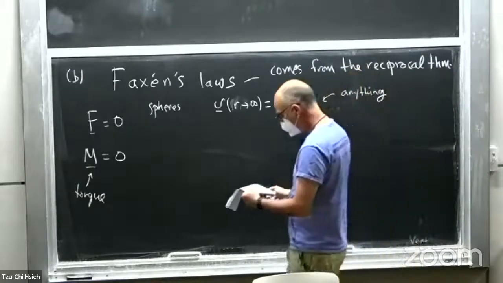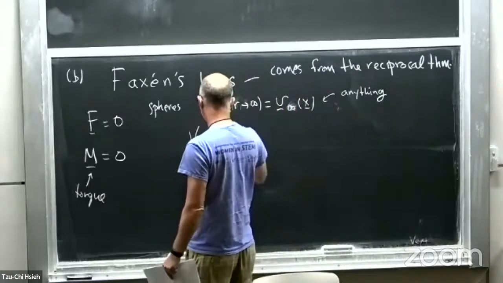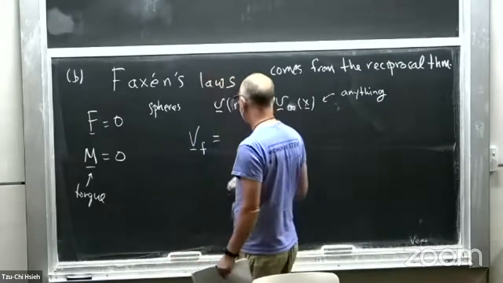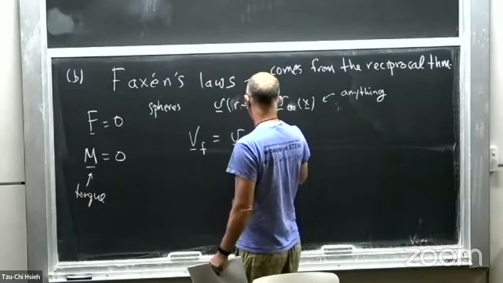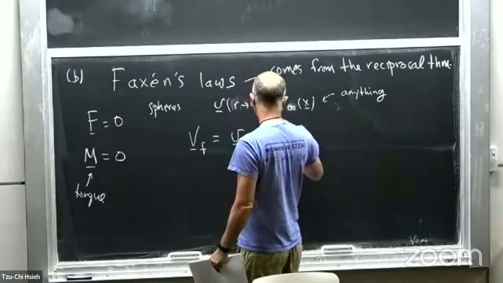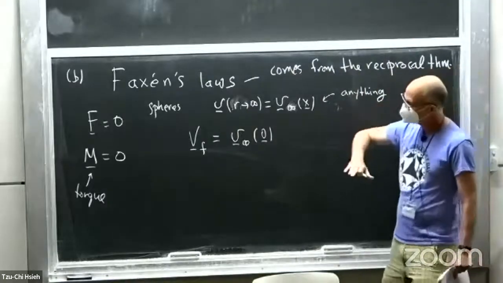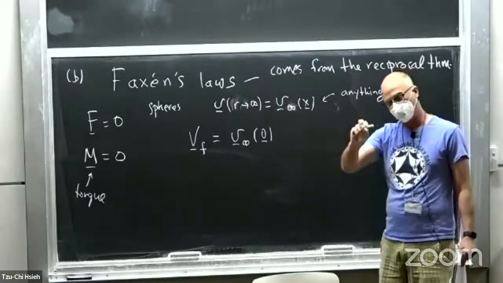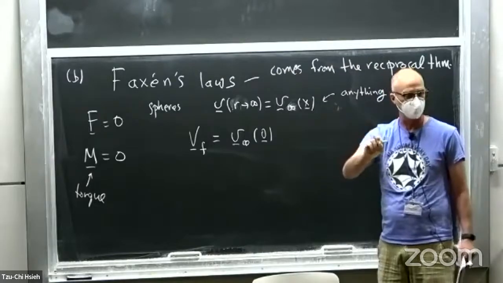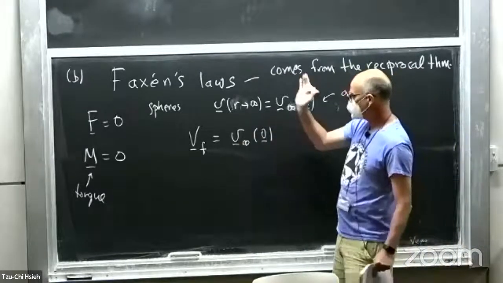So the result is that the velocity that the sphere moves at is the velocity, I'll use 0 for the center of the sphere. You take the undisturbed flow, and you look at what its value would be at the center of the sphere if the sphere weren't there. And it just gets moved along.